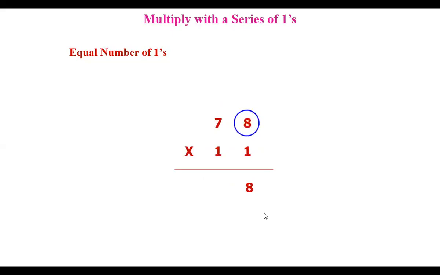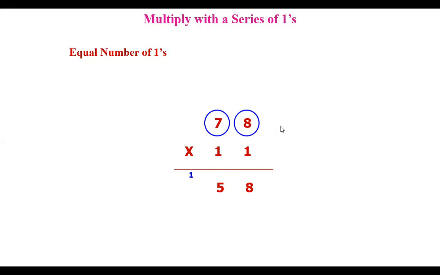Next, 2 numbers, because we have 2 digits in the ones series, so we have to add 2 numbers. 8 plus 7, 15. 15 means 5 in the tens place and 1 carried, but we'll keep it aside. Now 2 digits are over.